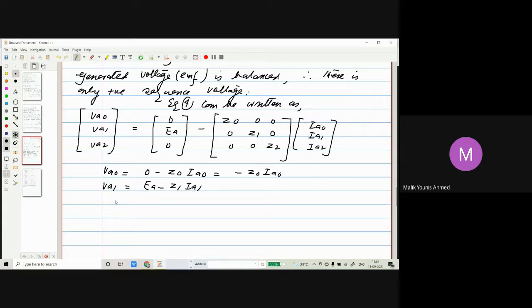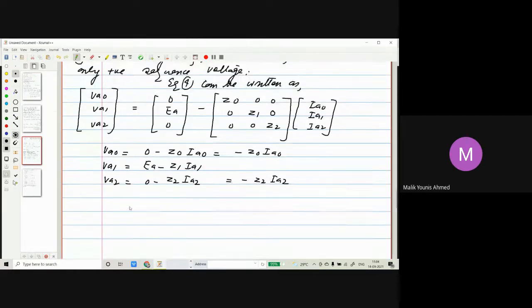The negative sequence will be VA2 equals 0 minus Z2 IA2, so minus Z2 IA2. These are the three voltages. Only the positive sequence will have a voltage source. Negative sequence and zero sequence will not have a voltage source, and the values will be Z0 IA0 and Z2 IA2, where Z0 is equal to Zs plus 3Zn.